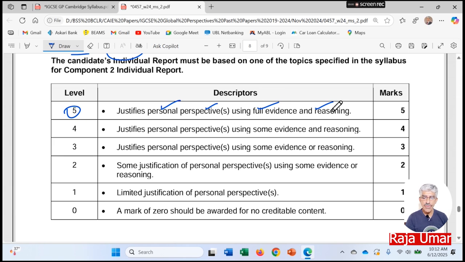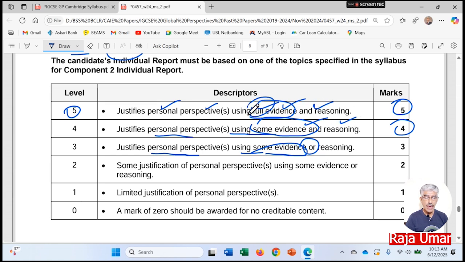And justifies personal perspective using some evidence and reasoning, then 4 marks out of 5. Here both must be there, but if fully explained, then 5; if explained to some extent, 4.